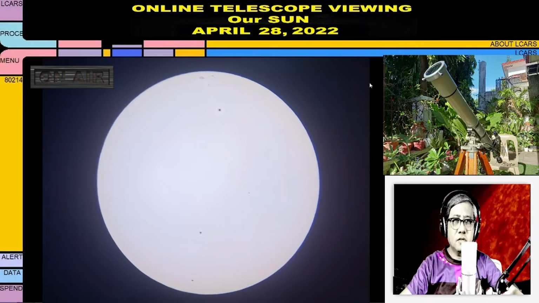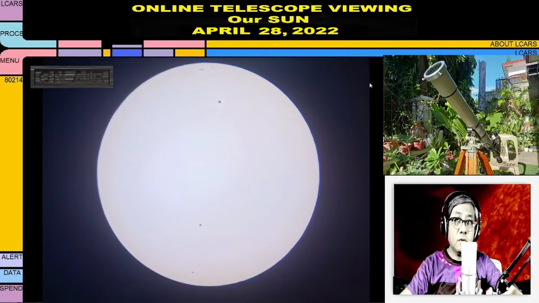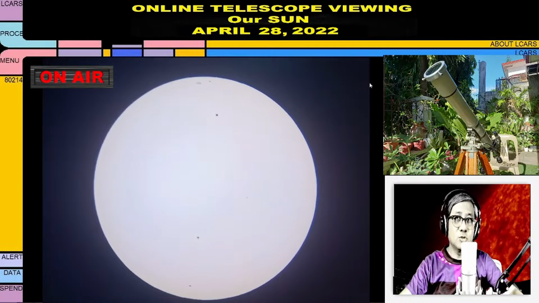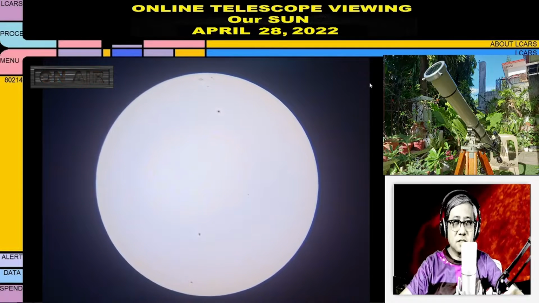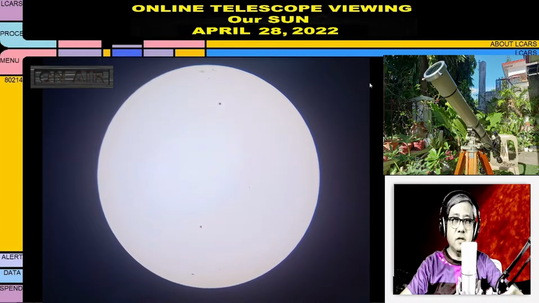Itong mga solar flares and coronal mass ejections, they are powerful eruptions, mga explosions yan, yan po sa surface ng sun, driven by kinks, okay, in the solar magnetic field.